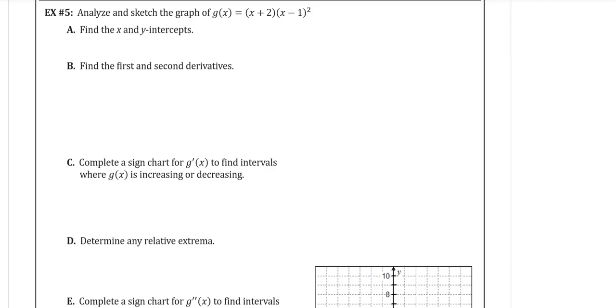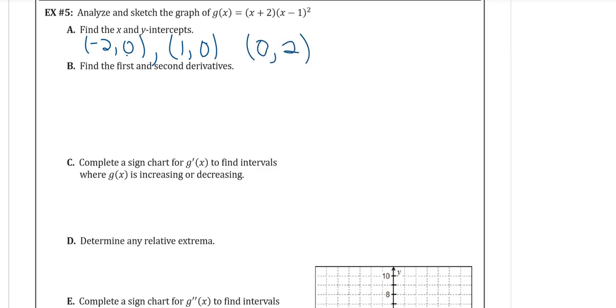So finding the x-intercepts and the y-intercepts, my intercepts are (-2, 0) and (1, 0). I have a cross and a touch and turn, and then my y-intercept is going to be (0, 2).